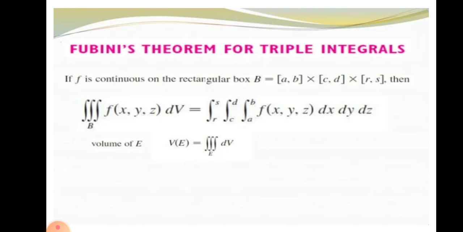In Fubini's theorem for triple integrals, if f is continuous on the rectangular box B equal to the interval [a, b] times the interval [c, d] times the interval [r, s], then the triple integral of the function f of x, y, z dV, evaluated as the limit over B, is equal to the triple integral of f of x, y, and z dx, dy, and dz, where for dx we have a to b, for dy we have c to d, and for dz we have r to s.